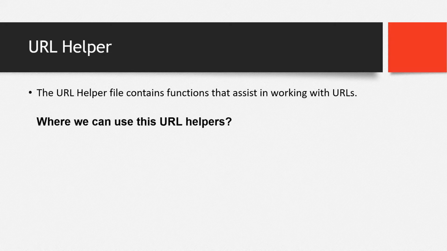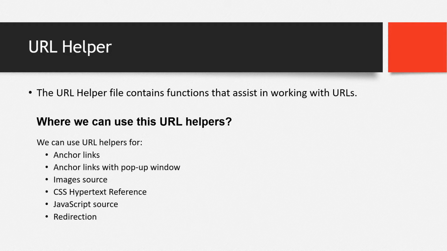Where can we use these URL helpers? We can use URL helpers for anchor links with pop-up window, image source, CSS hypertext reference, JavaScript source, and also for redirection.